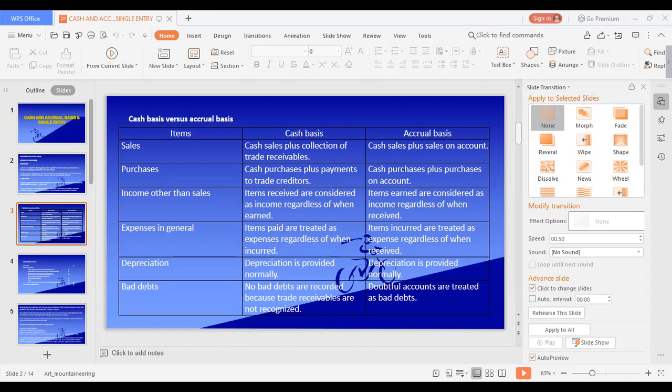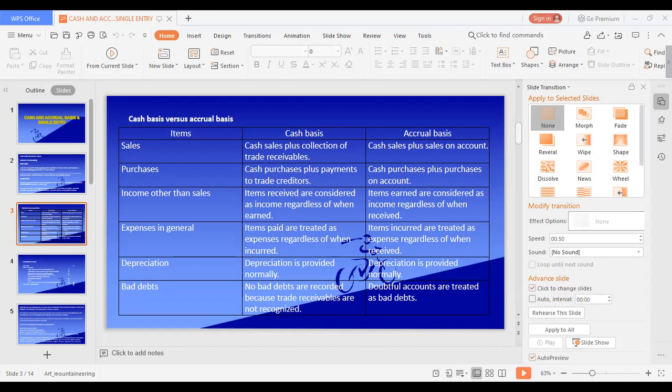Normally, your entry for accounts written off is to debit bad debts and to credit accounts receivable. Collection of accounts receivable, 2.2 million, and we have now your cash sales to be added. You have the total sales on cash basis.